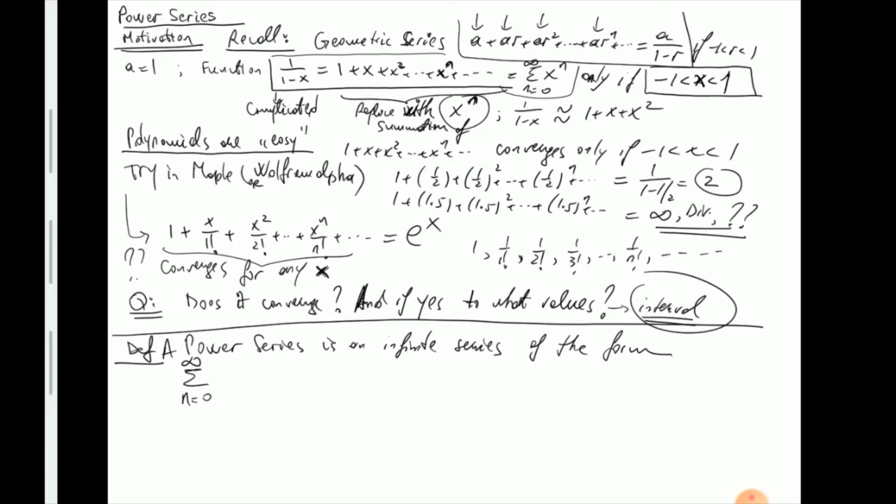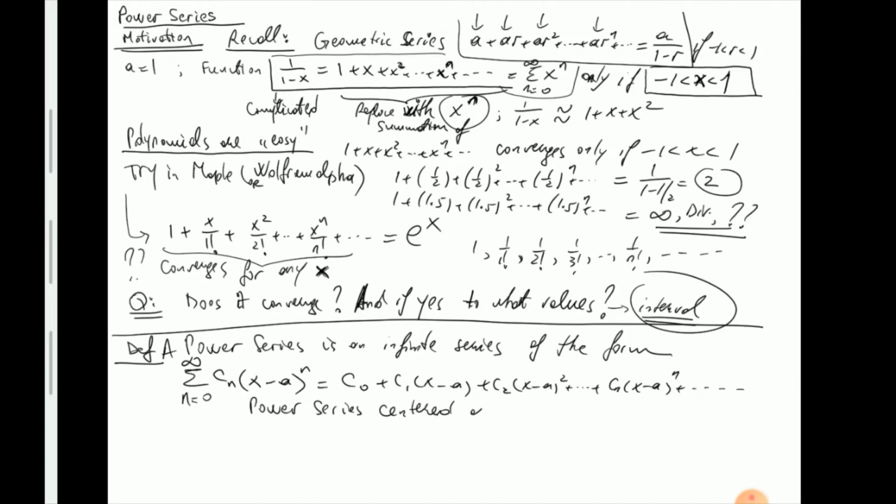We start from 0 by default in this definition. c_n, some number that may depend on n, times x minus a to the power n. If we expand this, it will be c naught plus c1 times x minus a plus c2 times x minus a squared and so on, up to c_n times x minus a to the power n and so on. I should say this is called a power series centered at a, that real number a.